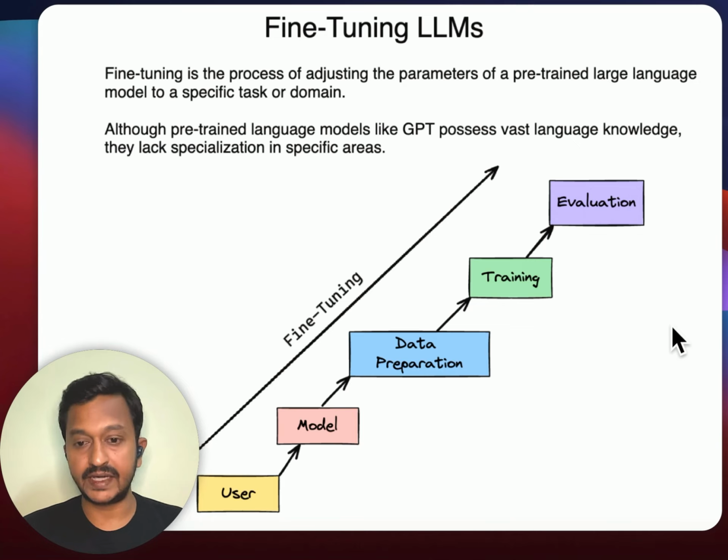That is what we call data preparation, and then we train the pre-trained model using our custom data, and at the end we evaluate the responses of this fine-tuned model to see if it is producing the answers or the responses we are looking for. So this is a simple overview of fine-tuning large language models.